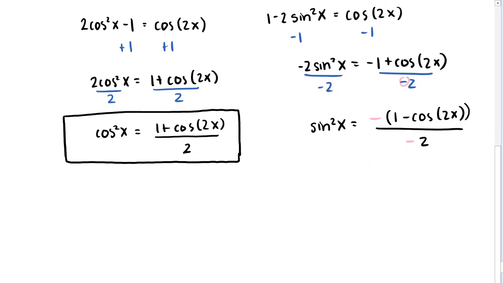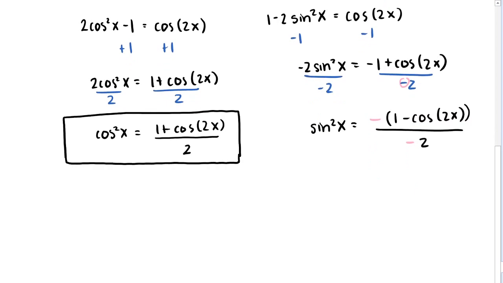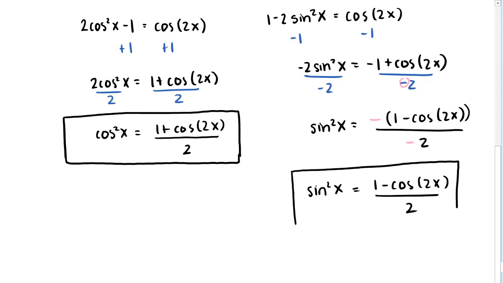We can reduce those two factors of negative 1 from the numerator and denominator, and we get that sine squared of x is equal to 1 minus cosine of 2x, all divided by 2. So this is another power reduction identity. It lets us convert a sine squared into a single power of cosine.